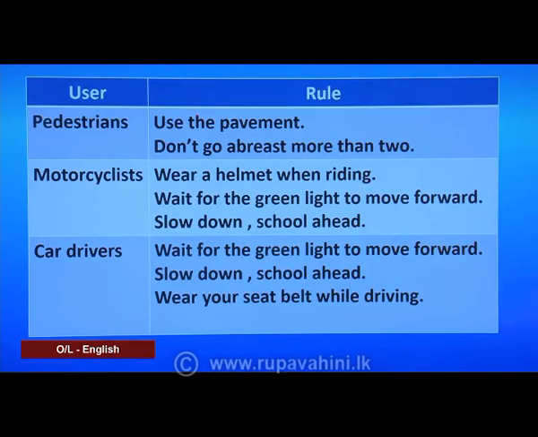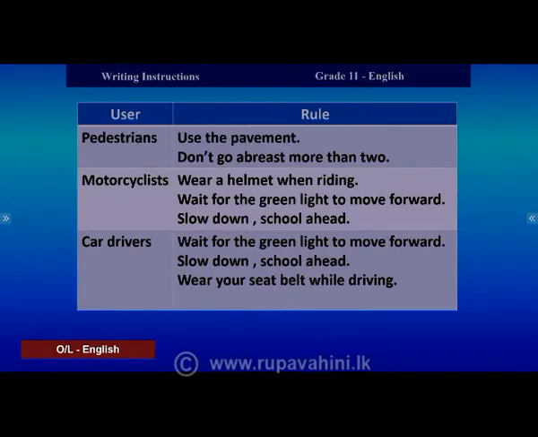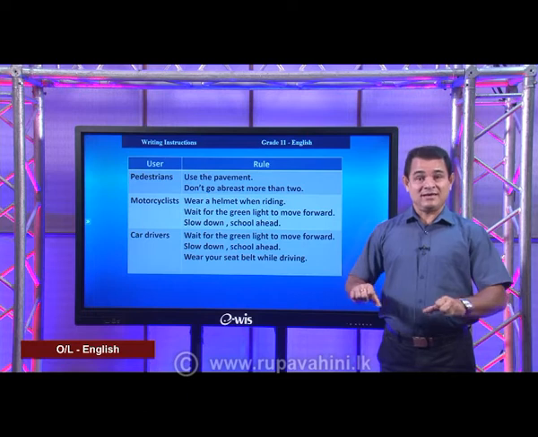And slow down, school ahead. So there are certain instructions that both the motorcyclist and the car drivers should follow. So that comes in both. And finally, wear your seat belt while driving. You know that there are no seat belts for riders when you are riding a bicycle.